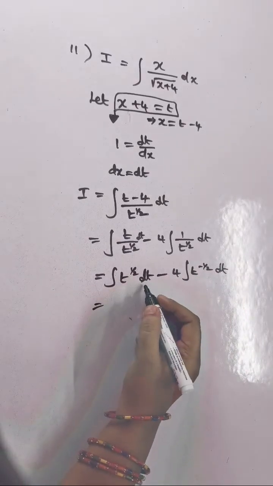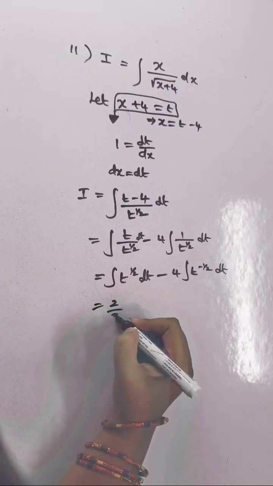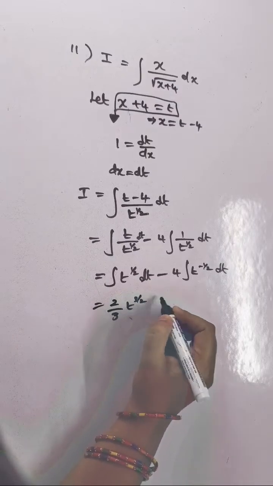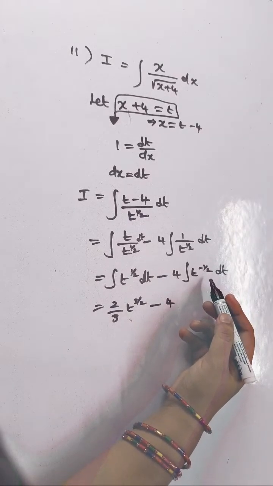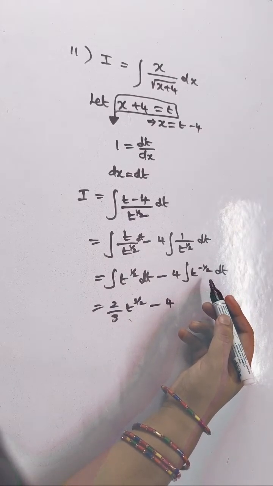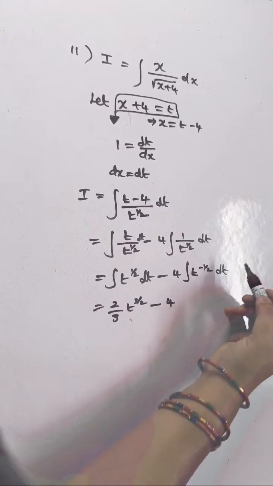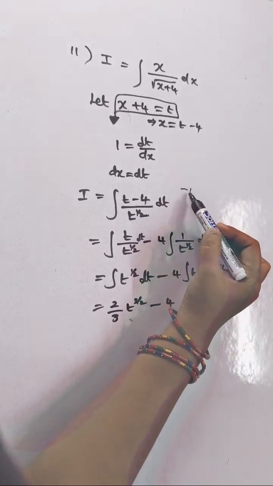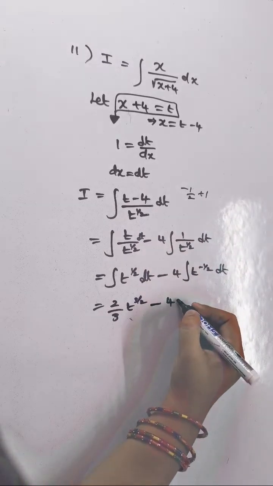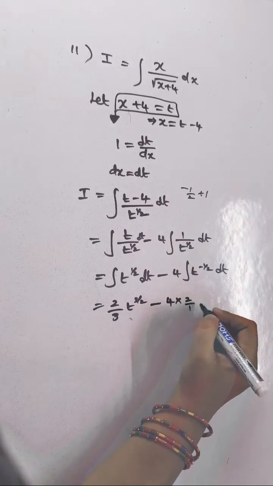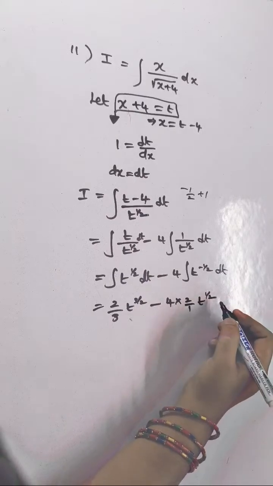Integration of t power half is t power 3 by 2 into 2 by 3, and here it is minus half. So what is minus half plus 1? It is plus half, right? So 2 by 1 t power half.